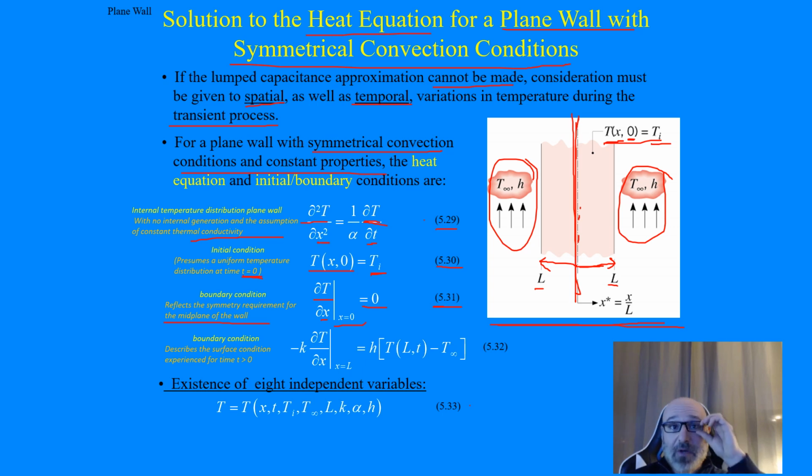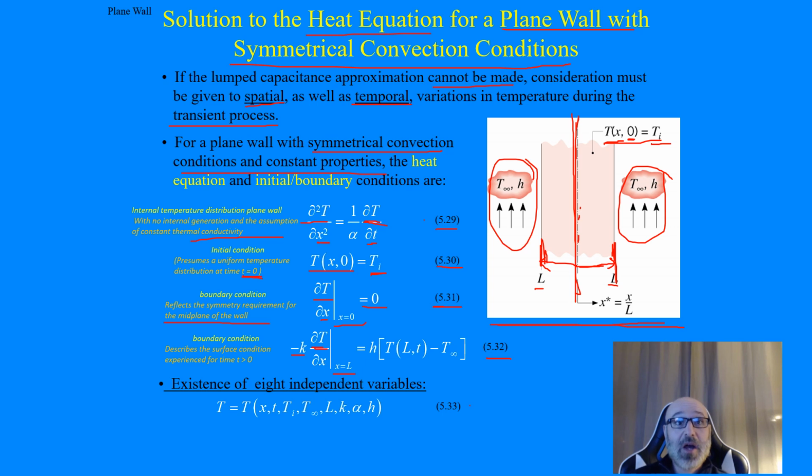Our next boundary condition, equation 5.32, describes a surface condition experienced for a time greater than 0. So when it's greater than 0, we can say our negative k, our thermal conductivity, times our partial of temperature with respect to position, ∂T/∂x, evaluated at x equal to L. L is out here at the outside walls.